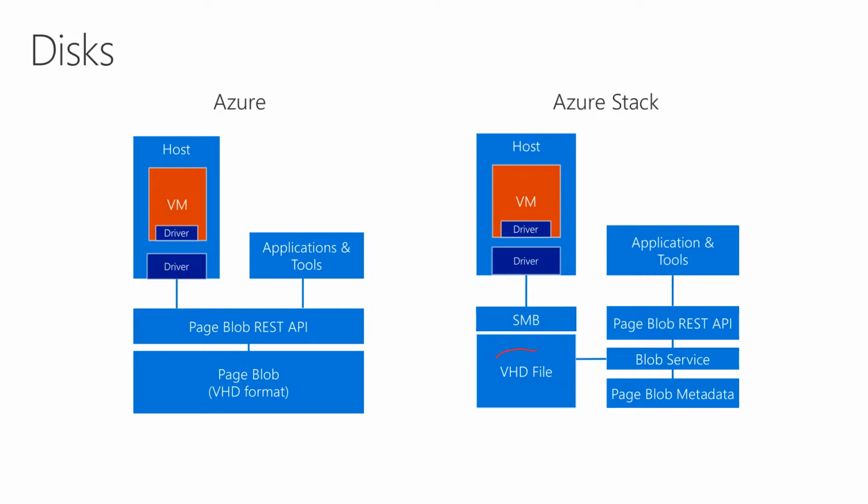And then at the end, we again have a VHD file. What you can see here on the right is metadata. So when you want to create a disk, when you want to resize disks, all the operational things are done through Azure Resource Manager, through Azure Resource Manager APIs.